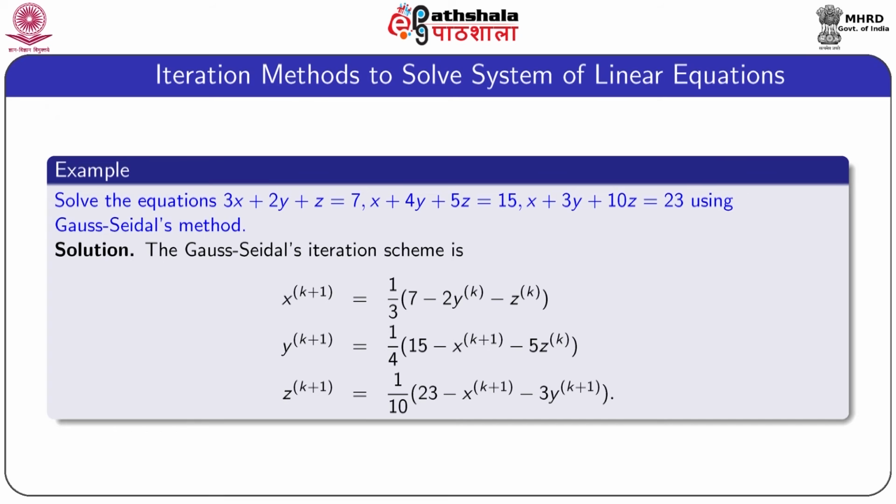But we consider the following Gauss-Seidel iteration scheme to find the values of x, y, z. The first iteration scheme is obtained from the first equation, the second iteration scheme for y is obtained from the second equation, and the third is obtained from the third equation to calculate the (k+1)th iteration value of z.